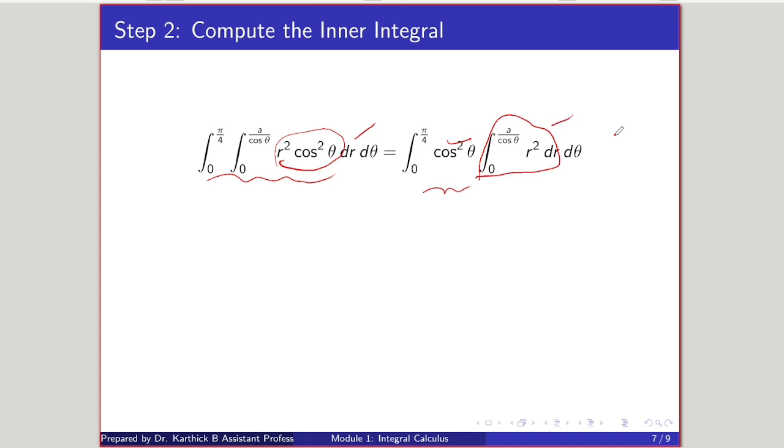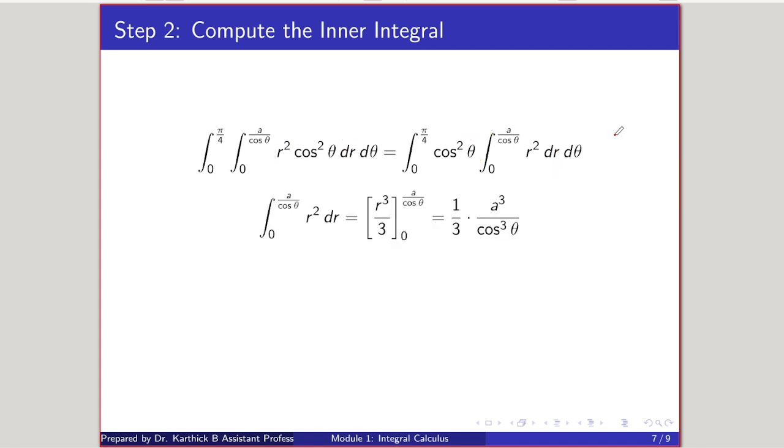So here I am taking the inner integral, r square. If I integrate r square with respect to r, it will be r cube by 3. Then if I substitute the limits, 1 by 3 will be a constant, and for r cube, if I substitute the upper limit, it will be a cube by cos cube theta. So I have evaluated this part alone.